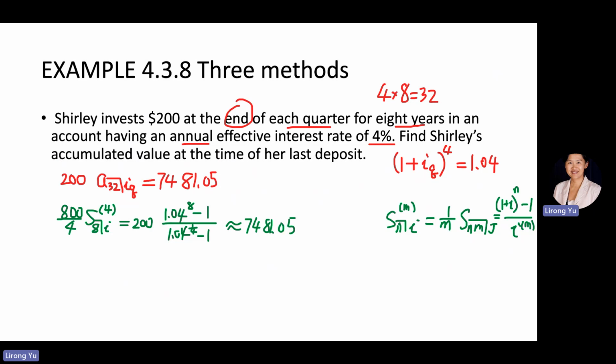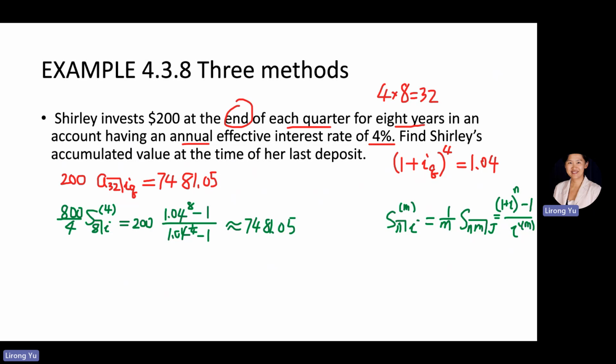So you can see the interest period is 1 year, but the payment is quarterly. This echoes the idea that the payment is more frequent than the interest period. Find Shirley's accumulated value. Accumulated value means the future value at the end of her last deposit, at the end of the payment period. So we're trying to find the future value.